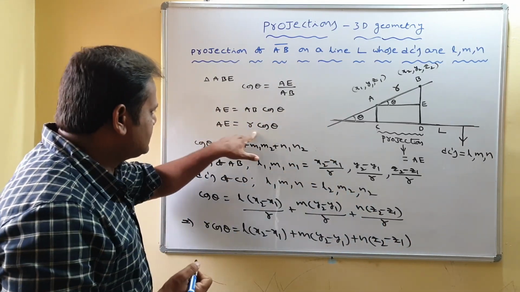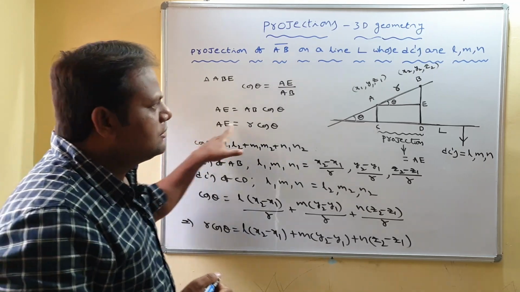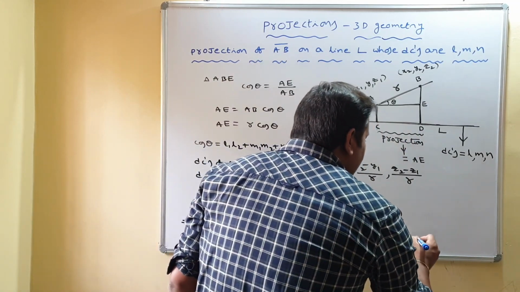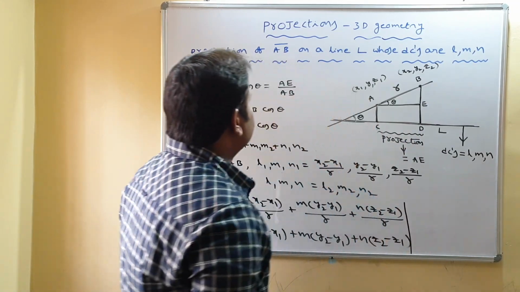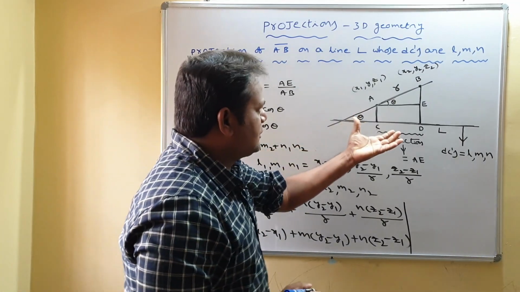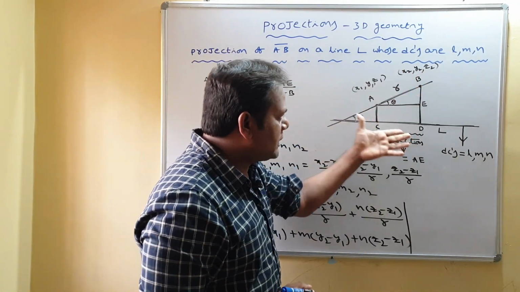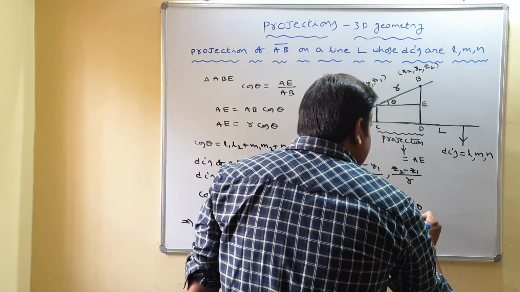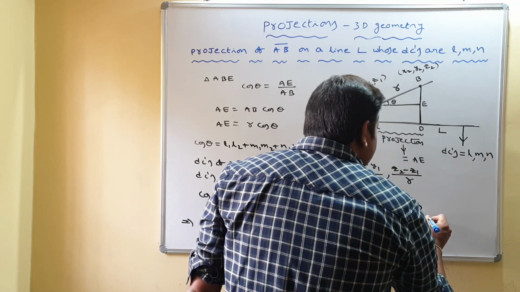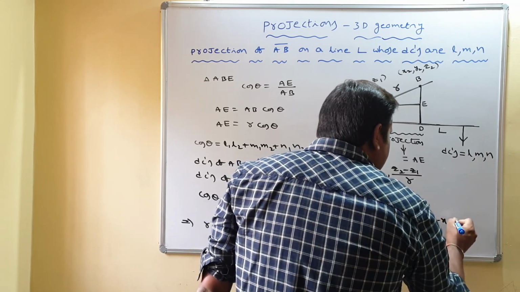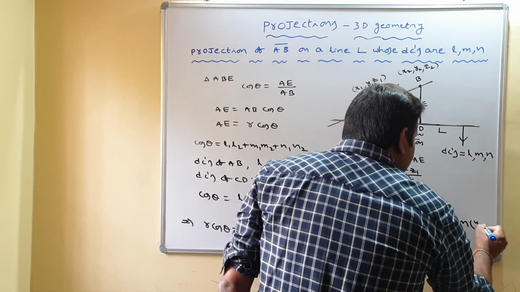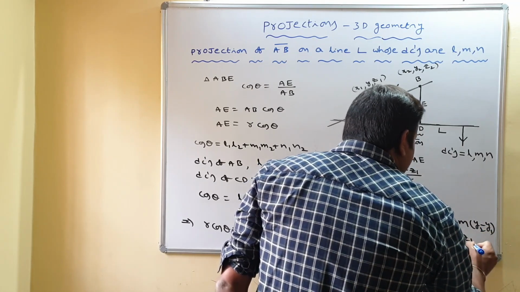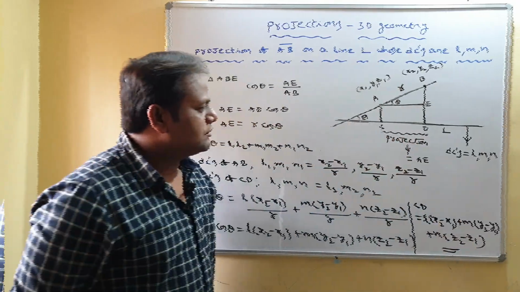See, what is r cos theta? That is AE. What is AE here? That is CD. So we got CD, that is the projection of AB onto the line capital L. That projection CD is equal to l into (x2 minus x1) plus m into (y2 minus y1) plus n into (z2 minus z1).